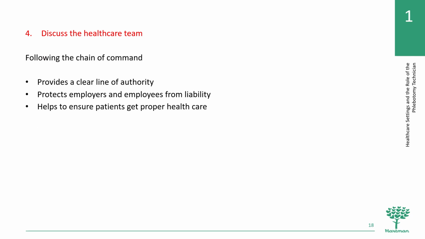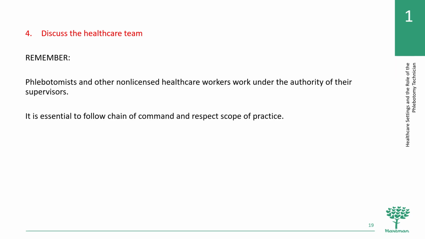This slide again just reminds you of how important following the chain of command in any healthcare facility is. It provides a clear line of authority, it protects employers and employees from liability, and it helps ensure patients get the proper care. And just again, remember, phlebotomists and other non-licensed healthcare workers work under the authority of their supervisors.